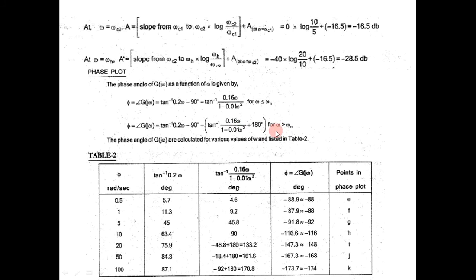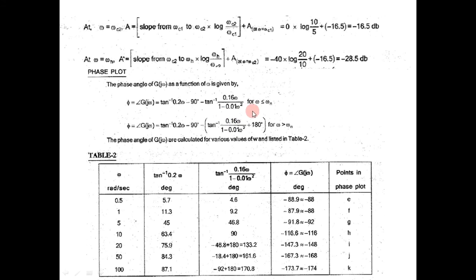If you take omega greater than omega n, for example omega as 100 radians per second, finally this will become tan inverse of 0.16 into 100 by 1 minus 0.01 into 100 square. 100 square means 10000. 1 minus 0.01 into 10000 is 1 minus a large value, which is a negative value.